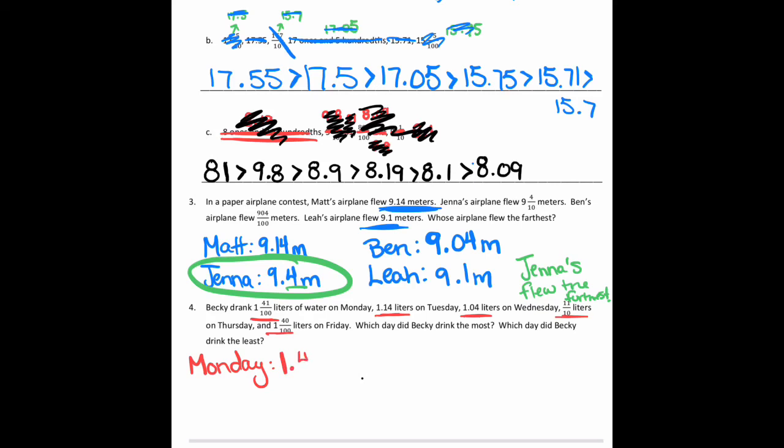So Monday would be 1.41 liters because it's 41 hundredths. Tuesday would be 1.14 liters. Wednesday is also in decimal form, so it'd be 1.04 liters.